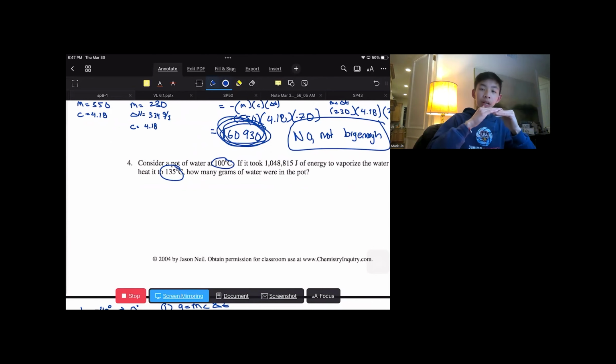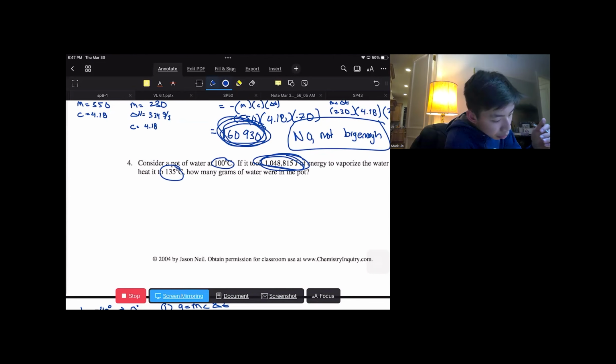Bringing it from 100 to 135 took about 1 million joules of energy. And so what we need to find out is how many grams. We found the temperature. We know the specific heat because it's water and steam. But we need to find the mass, M. That's what we don't know.